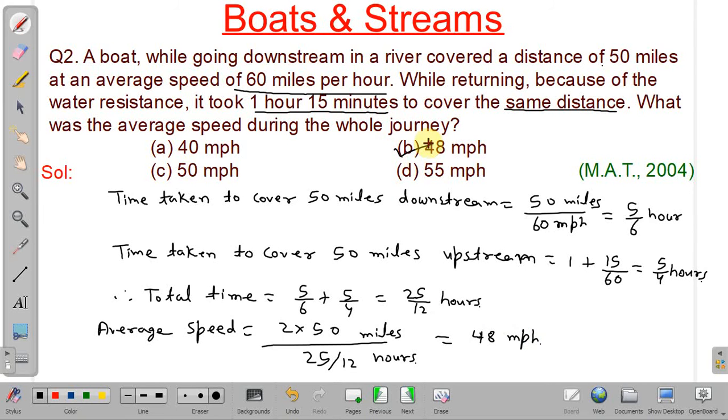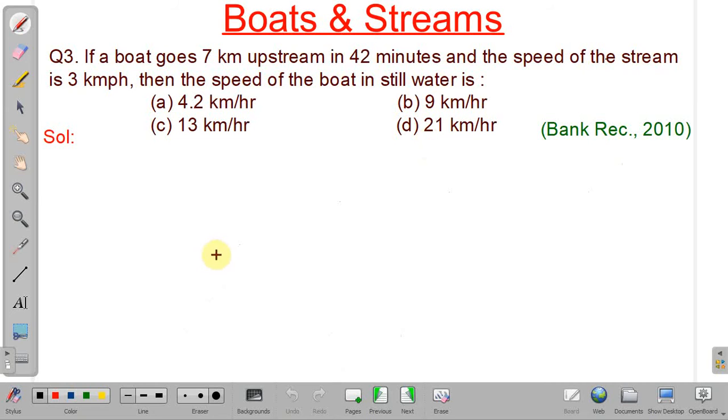We will discuss next problem. In this problem, it is given a boat goes 7 kilometers upstream. So upstream distance is given and time is given 42 minutes. And it is given that speed of the stream is 3 kilometers per hour. So we have to find the speed of boat in still water. Okay. So first we need to calculate the speed upstream.